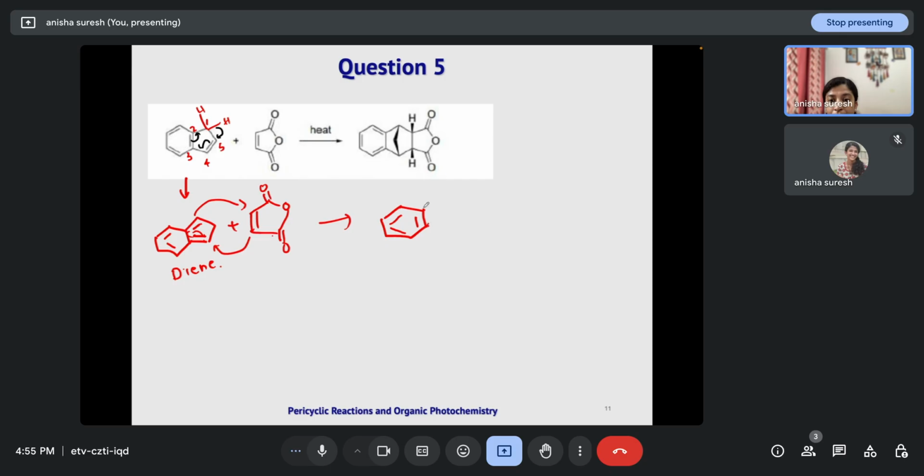Here a 6 membered ring will be forming, and above it will be having a bridge like this. Since it will be following an endo approach, the hydrogens will be coming above the plane. So this is a 4 plus 2 cycloaddition, and here this is a 1,5 hydride shift.